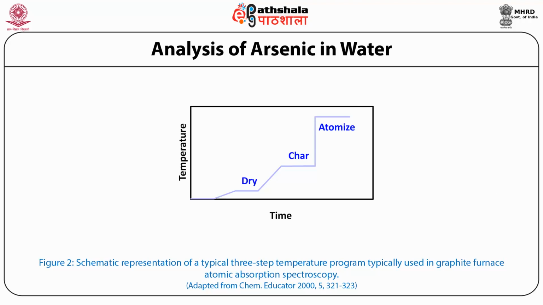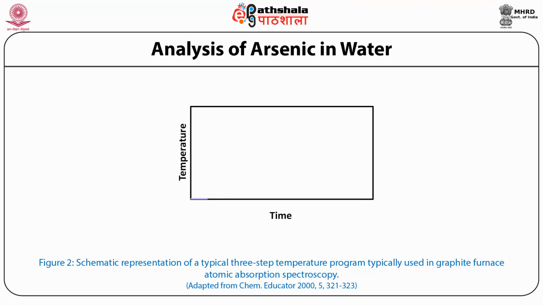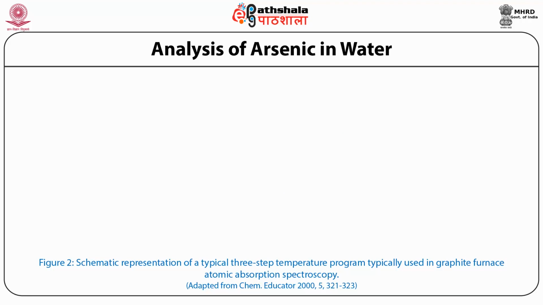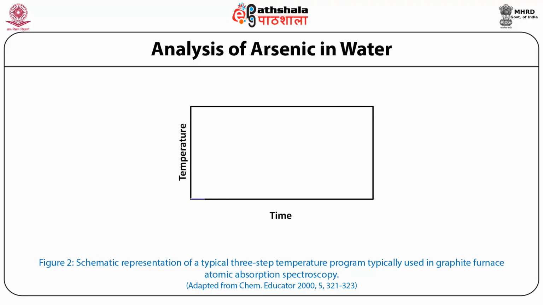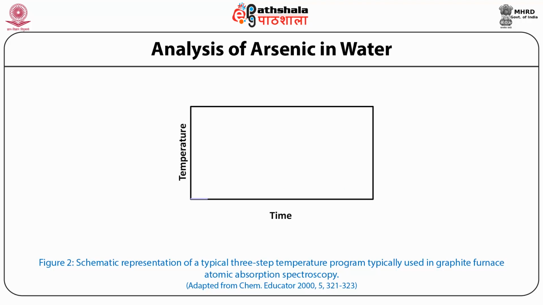First, the temperature is such that the sample is dried, then increased in such a manner that charring happens, and finally it is increased to a level where the sample is atomized and where absorbance of the energy takes place. This is the typical representation used in graphite furnace atomic absorption spectroscopy.